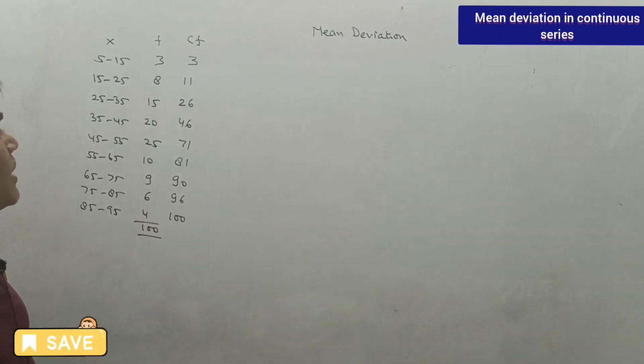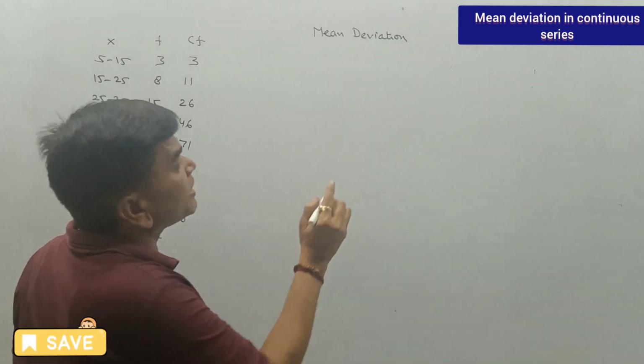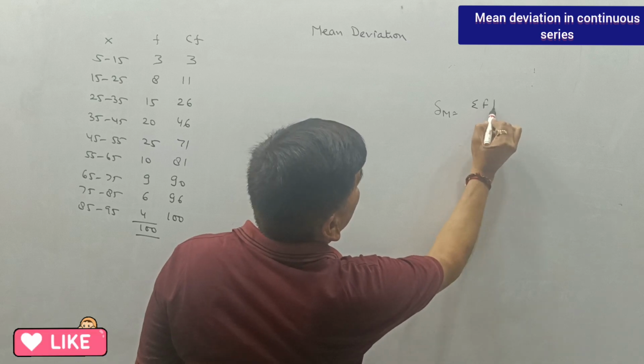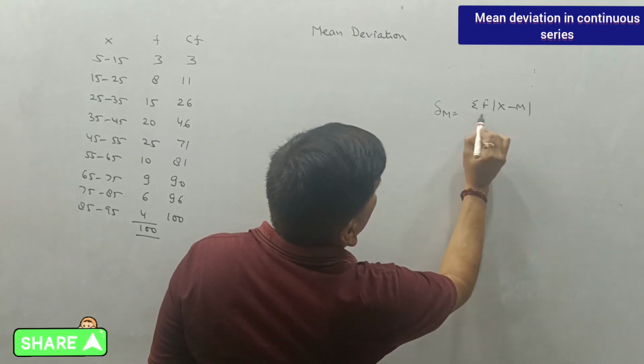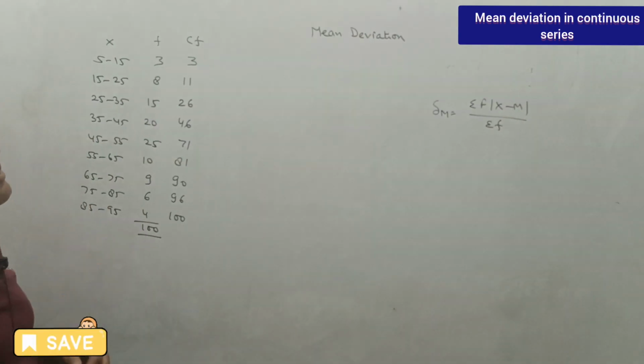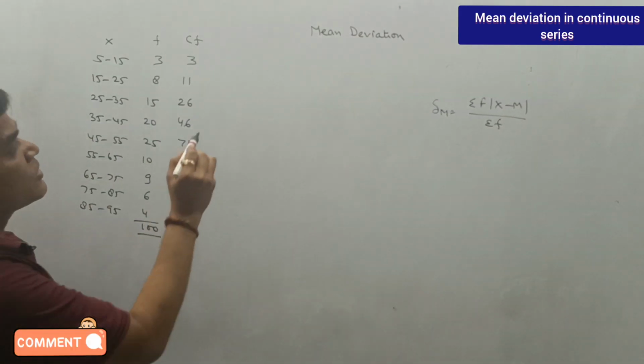To calculate the mean deviation from the median, the formula is sigma f |x minus M| divided by sigma f. For this, first we have to calculate the value of the median.